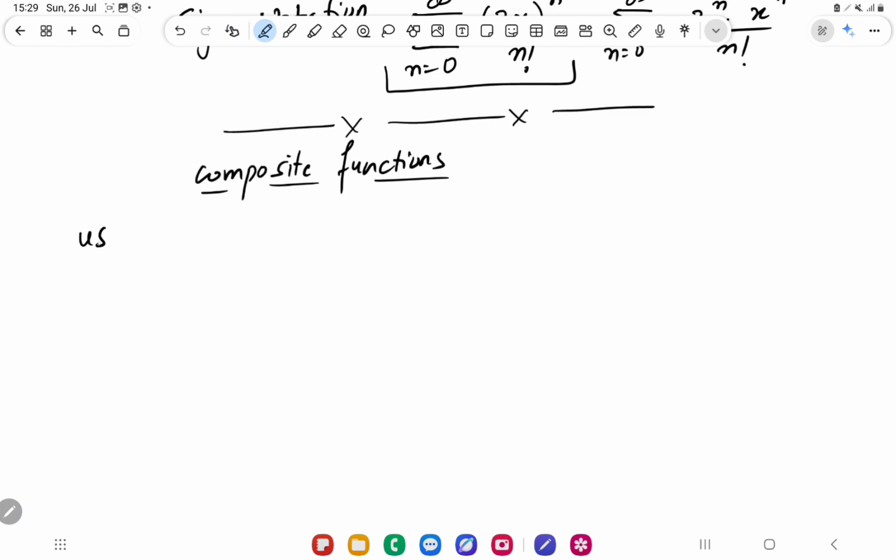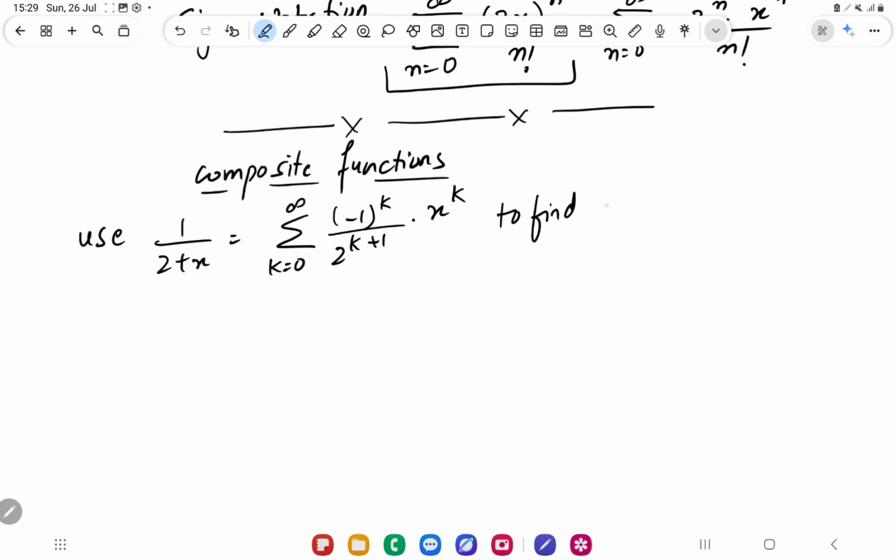So the question will be like, use the Maclaurin series expansion of 1 upon 2 plus x, that is given to me like this, 2 to the power k plus 1 multiplied by x to the power k. Now we have to use this to find the Maclaurin series for, let's say, 1 upon 2 minus x square.